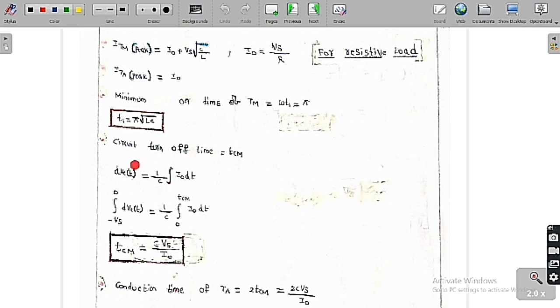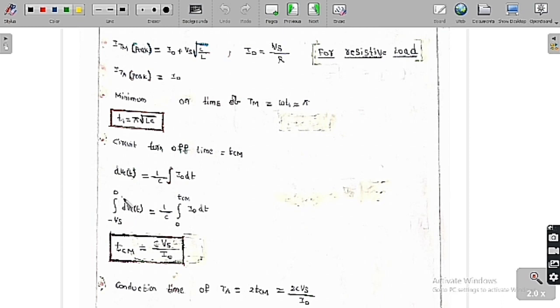Now I want to find the circuit turn off time, the time for which the reverse voltage appears across the capacitor or across the main thyristor. I have already told you the capacitor formula, which is dVc of t is equal to 1 by c integration of Ic of t into dt. In the circuit turn off time, the current through the capacitor is equal to the load current, I naught. So we get 1 by c integration of 0 to Tcm, and the capacitor voltage is changing from minus Vs to 0.